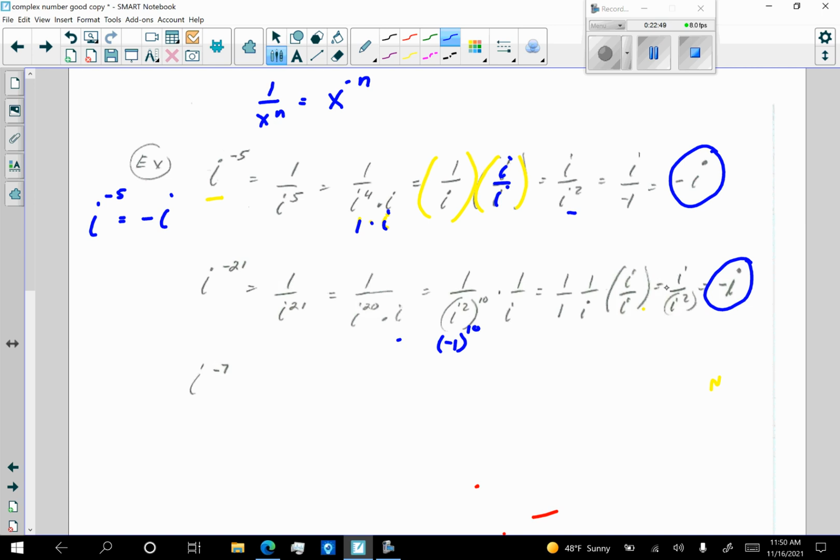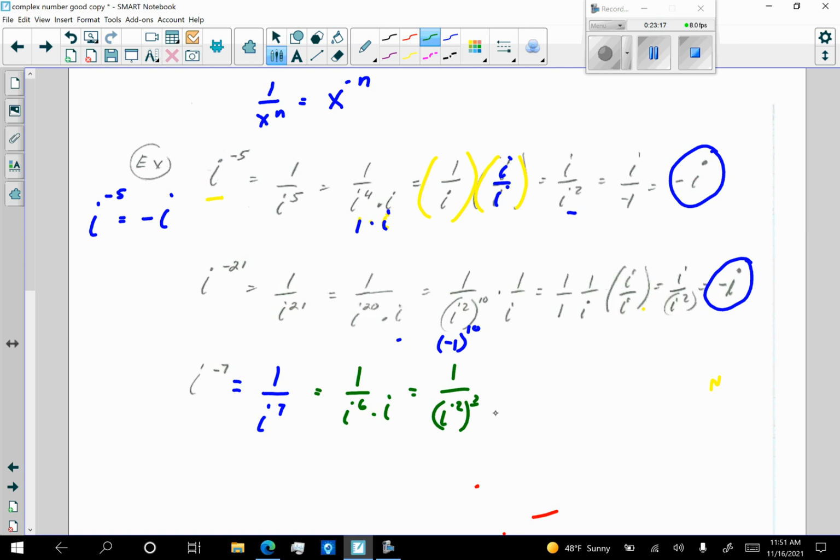Let's do one more example before we finish this video. So this is going to be 1 over I to the 7th, which is going to be 1 over I to the 6th times I. And I to the 6th is going to be I squared cubed.